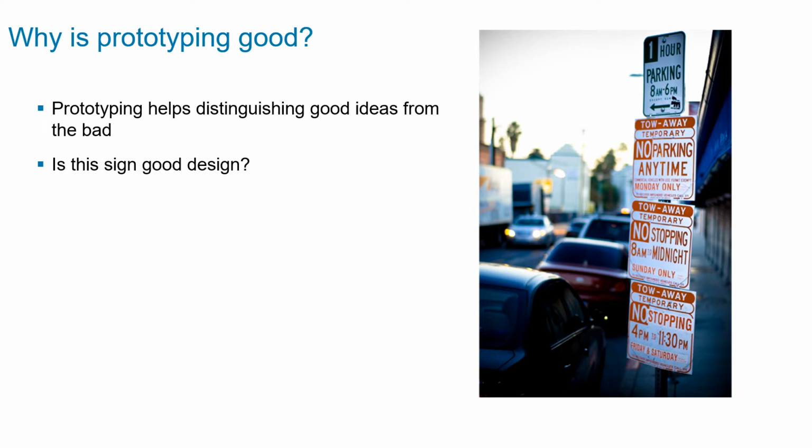So as said, prototyping helps distinguish good ideas from the bad. And arguably, the design of this street sign is not very good. For one, you're probably driving when you look at street signs, so trying to absorb all of the information that this sign wants to convey is never going to be possible.